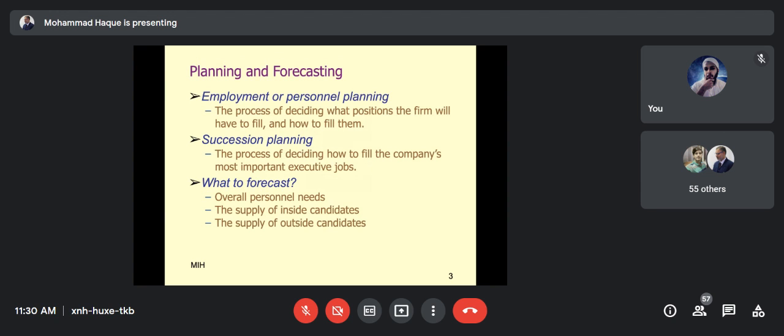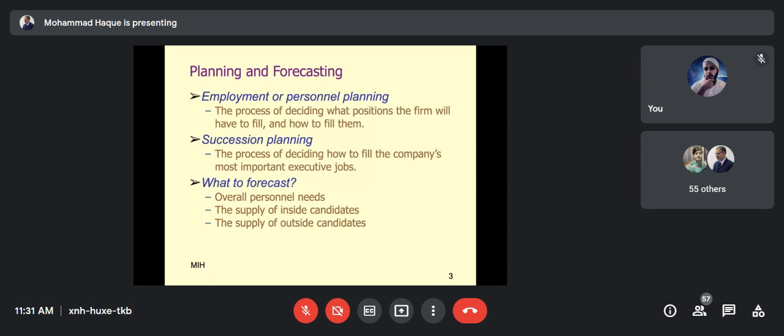They are provided with facilities, and a certain percentage of seats are reserved for people from within the organization. Similarly, in other organizations as well, we find that the higher positions are always filled through promotions or internal movement through screening within the organization. That is what we refer to here as succession planning.